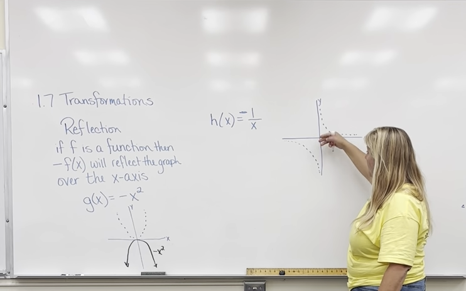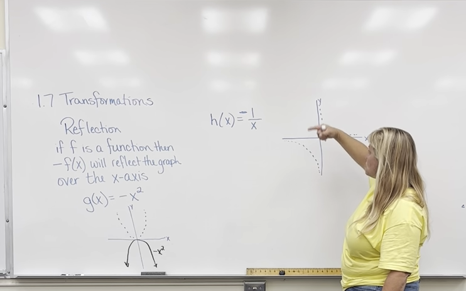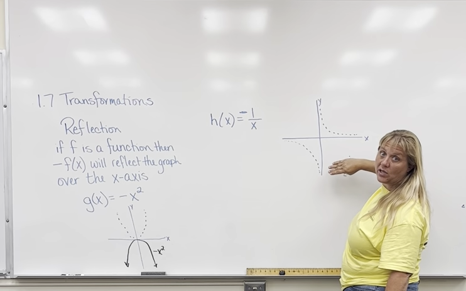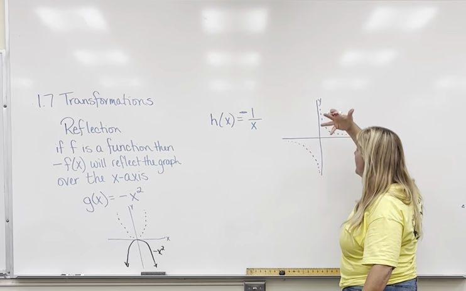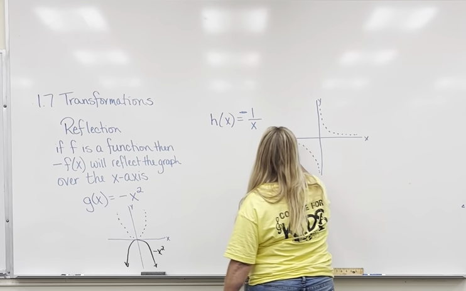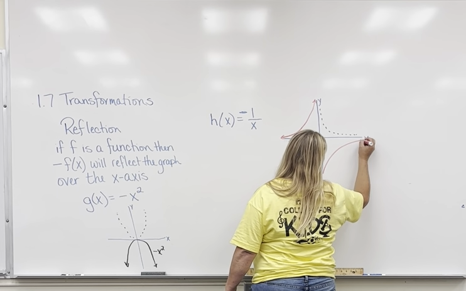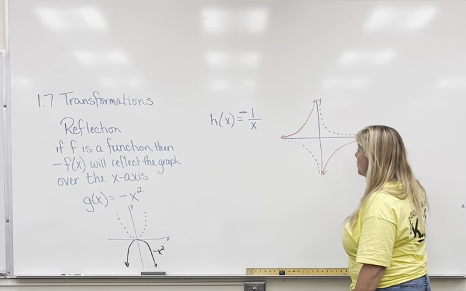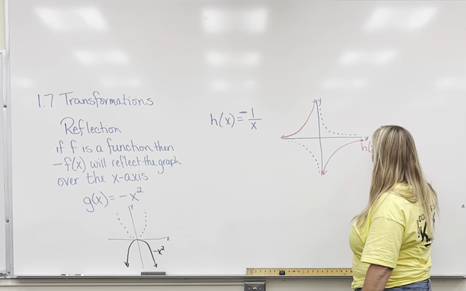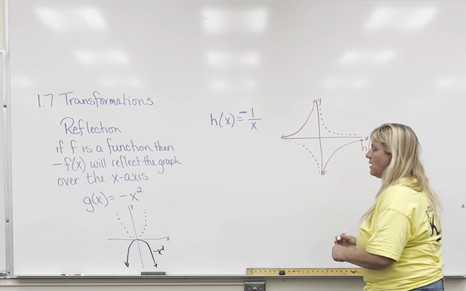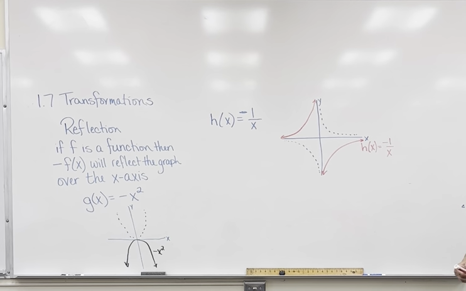If we do that, this guy's going to go up there, and this guy's going to come down here. When we reflect, the whole graph reflects. So this guy will now be in here, and this guy will now be in there. The red is the negative 1 over x. The blue is just where we started with our base graph, and we reflected it, and now we've got the two arcs in the other quadrants. All right, so that is the reflection.